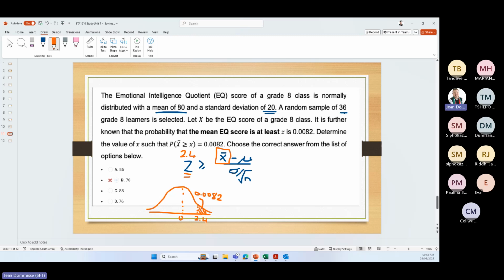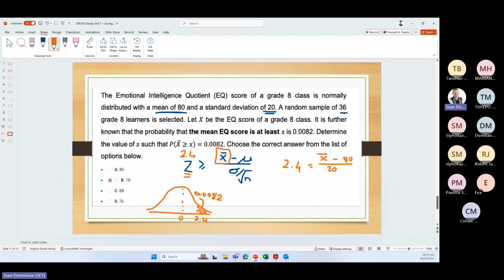Okay, so we're working a bit backwards, but now we can do this. We can say, okay, Z is 2.4. We don't know X yet, but we've got the mean. Now we're going into maths. Standard deviation, 20. Sample of 36.